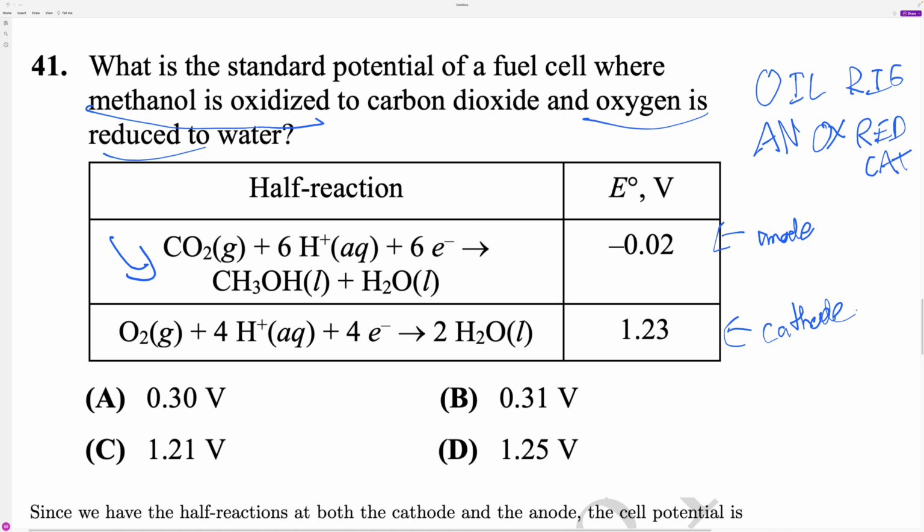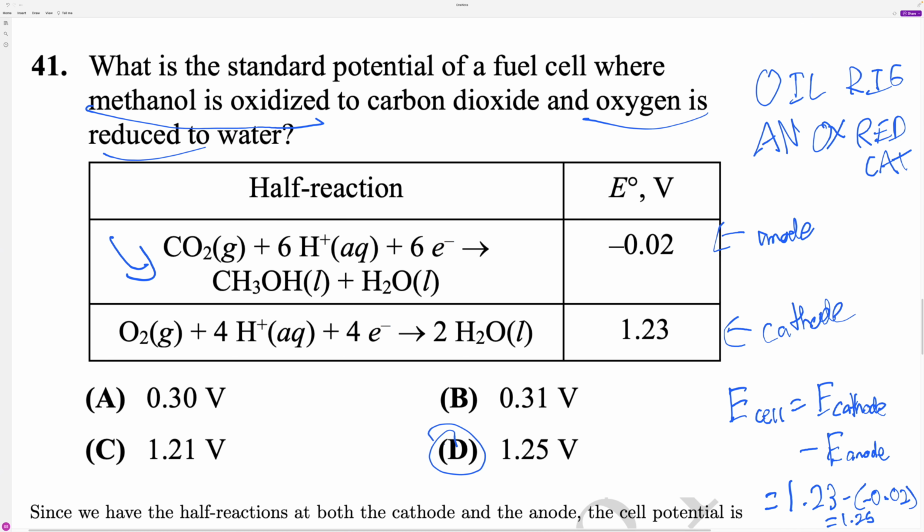And from here, we just use a key equation for electrochem, which is E cell equals E cathode minus E anode. That's just like one of the first equations you learned in electrochem. So we have 1.23 minus negative 0.02, which is 1.25. So our answer is D.